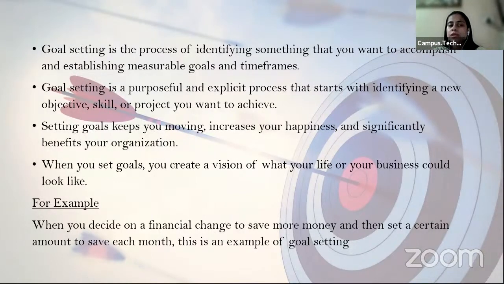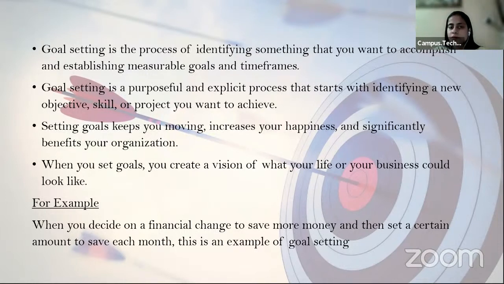That is the new thing you want to achieve, so here you will start with goal setting. You will be setting your goals, like how I'm going to achieve that. What is the process I'm going to follow? How am I going to reach close to accomplishing that objective? That is known as goal setting.